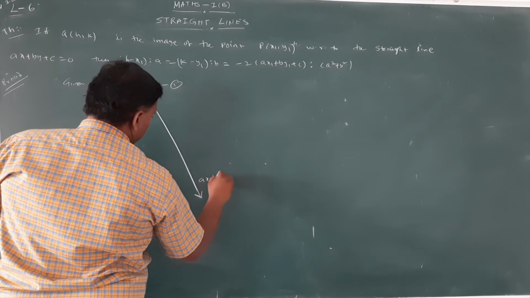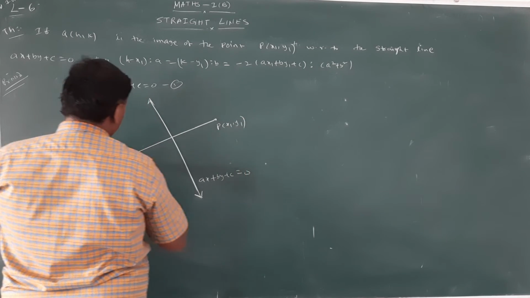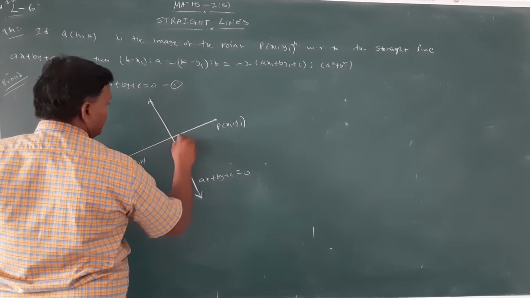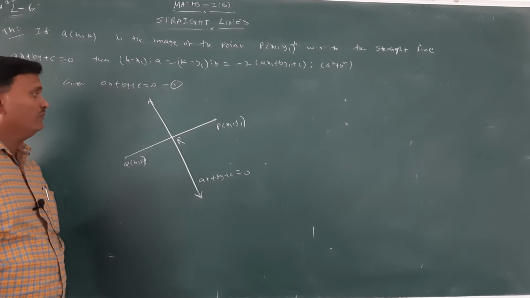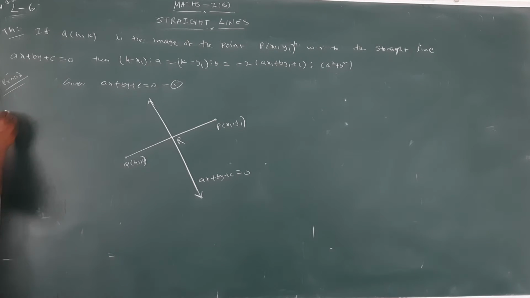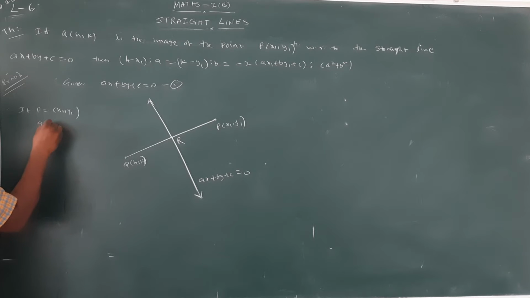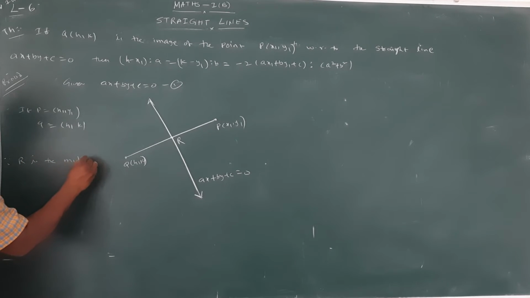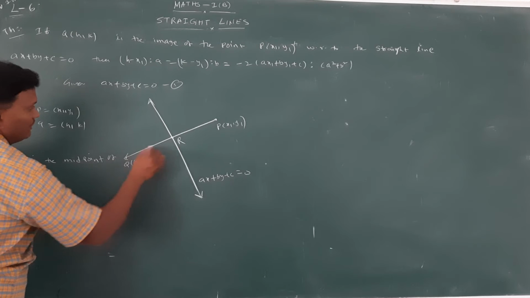Next, this is P(x1, y1), and this is Q(h, k). Q(h, k) is the image of P. R is the midpoint of P and Q. If P is (x1, y1) and Q is (h, k), since R is the midpoint of PQ.